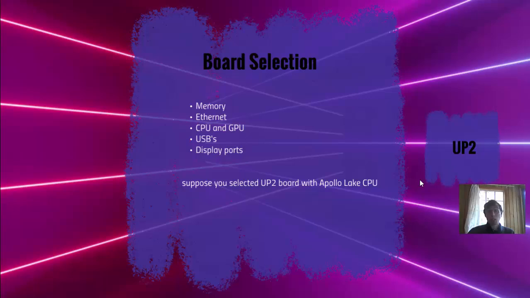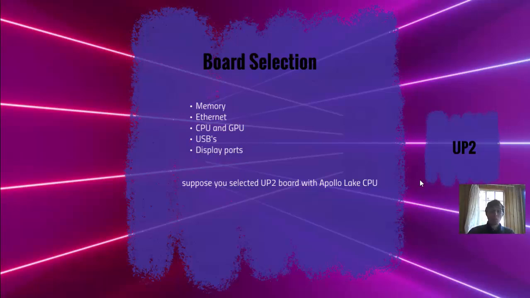It also depends on the codec you choose, like H.264, H.265, VP8 or VP9, or if you want a very old one, VC1 for example. Those factors determine how you choose a board.